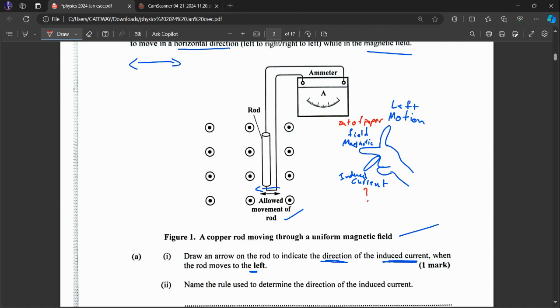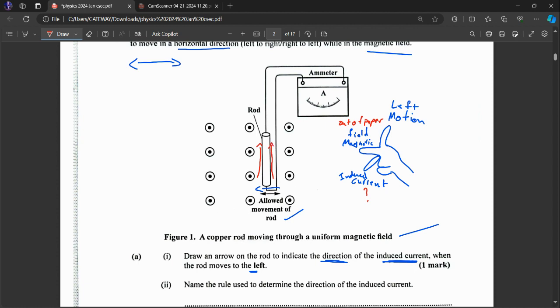Now the magnetic field is coming towards you, so your first finger would be pointing towards you, and your middle finger will be pointing upward, indicating the induced current. That is the induced current going upward there.